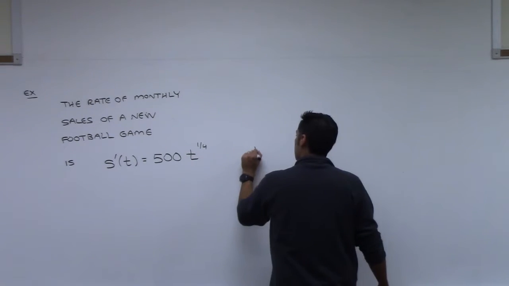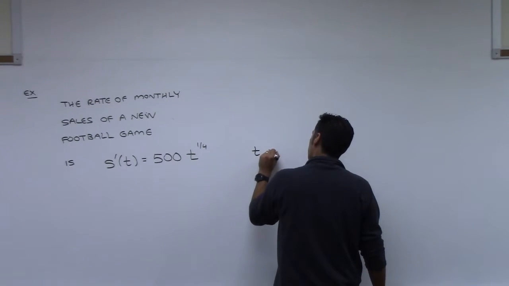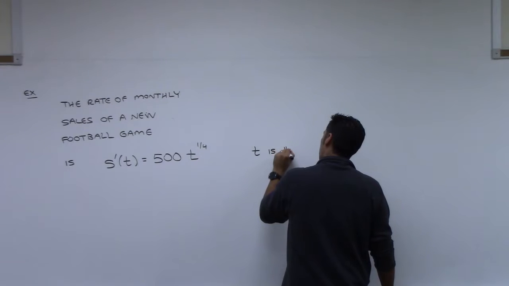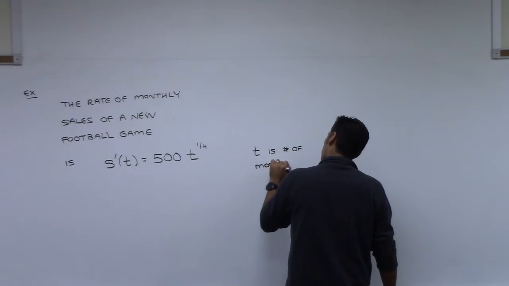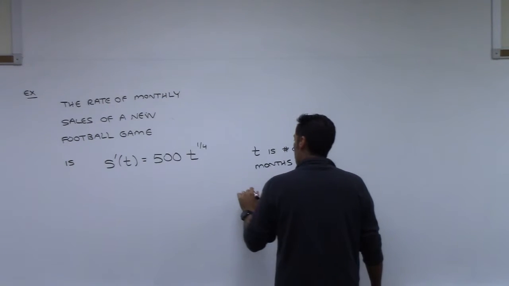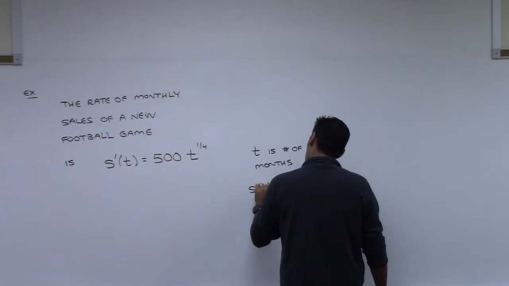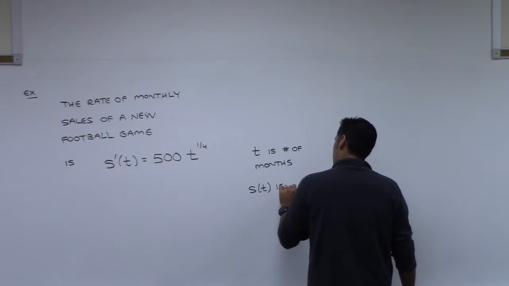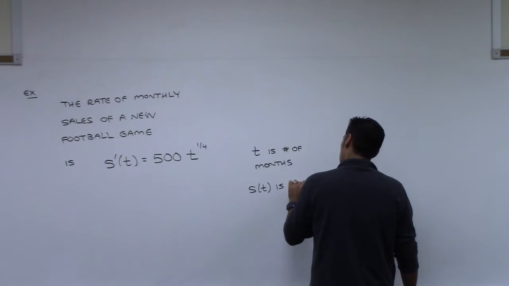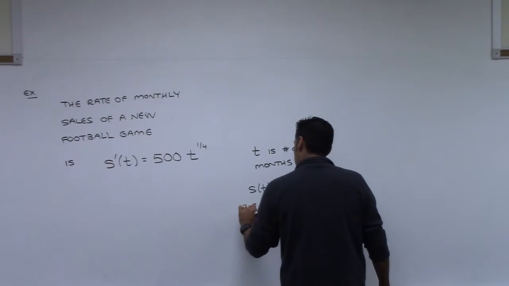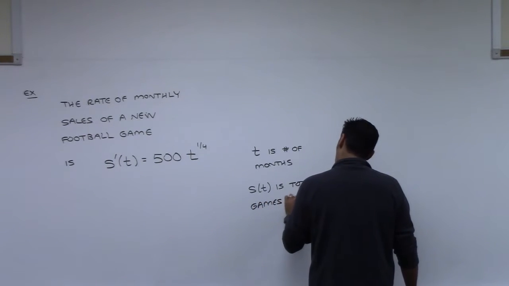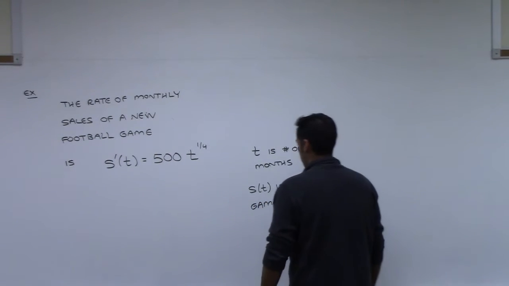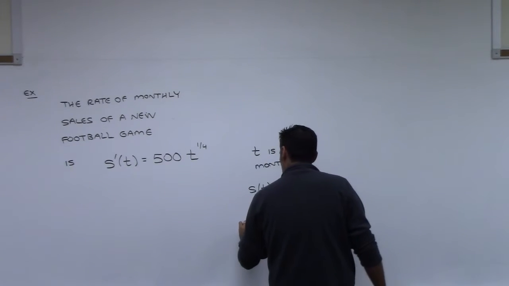Here, t is number of months, and S of t is total games sold after t months.